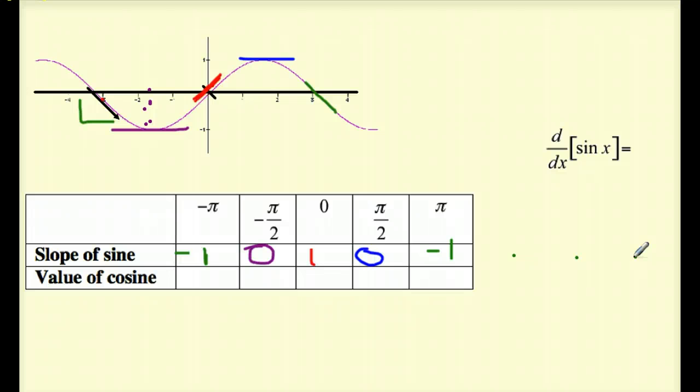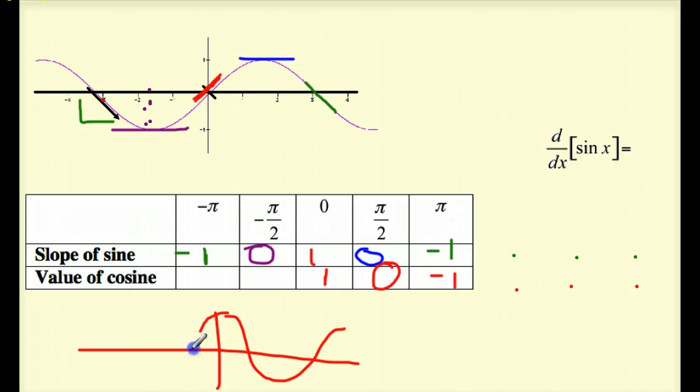Well, let's actually take a look at what cosine is at all these different values. So you can either use your unit circle or if you memorize them. But if we take a look, cosine starts at 1, and then it goes down, and at pi over 2 it hits 0, and then it's going to hit the bottom, which is negative 1, and then repeat again.